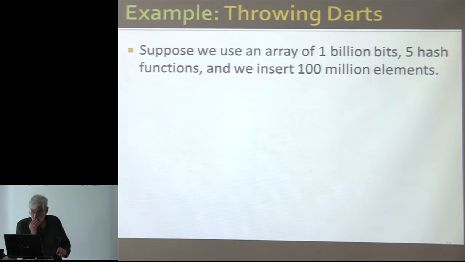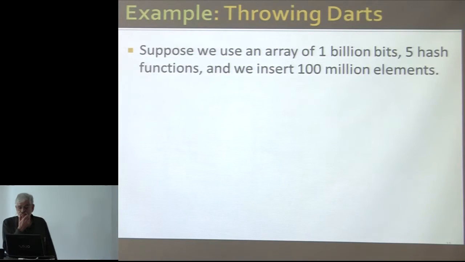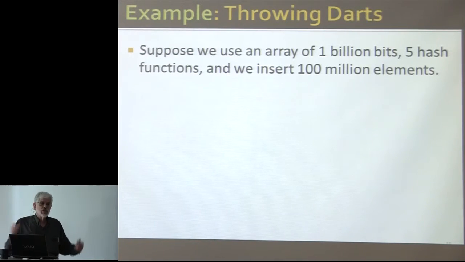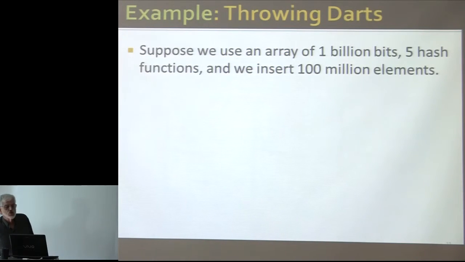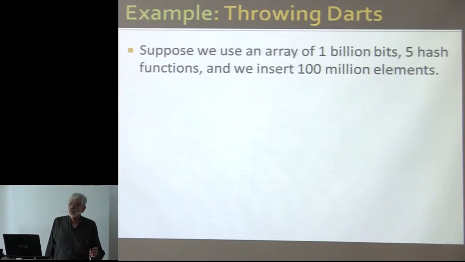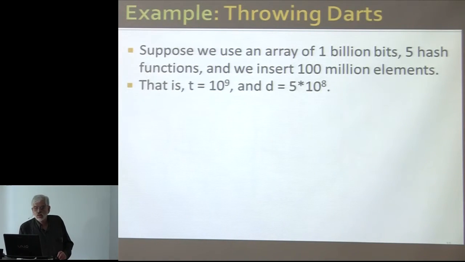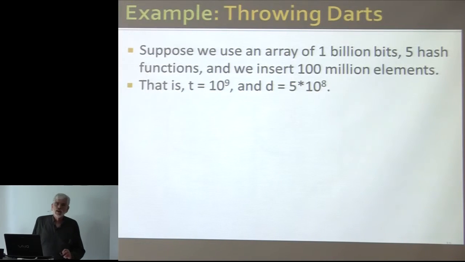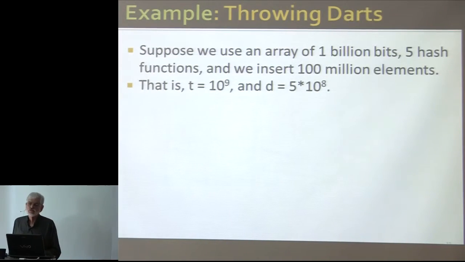Okay, so let's do the math. Suppose I'm going to have an array whose size is 1 billion, and I'm going to use 5 hash functions, and I'm going to insert 100 million elements. So how many darts do I have? Well, 500 million darts, 1 billion targets.